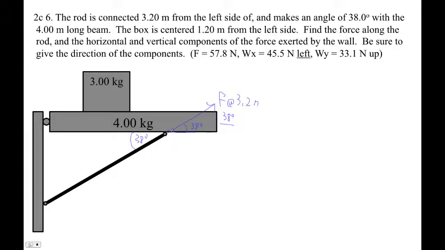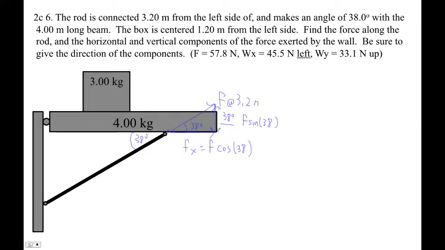It has a component in this way, I'll call it F in the x direction, which is equal to F cos 38. And then it's got a component in the y direction, which is F sine 38.